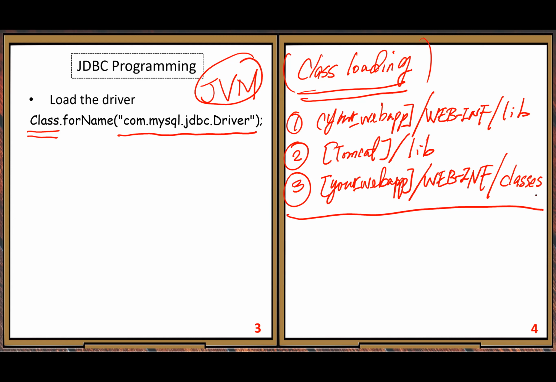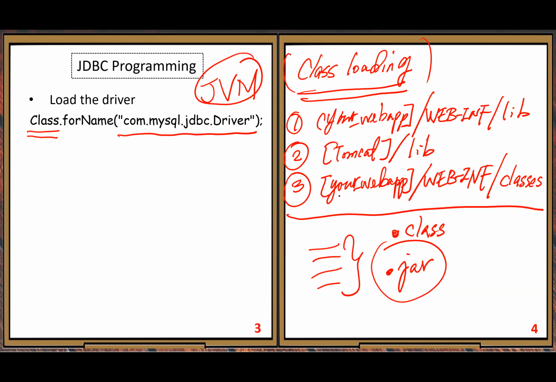All your Java classes in compiled .class format, or .jar format, because some of the classes are archived inside the .jar library files. The JVM will also get into each jar file and search those class files one by one.